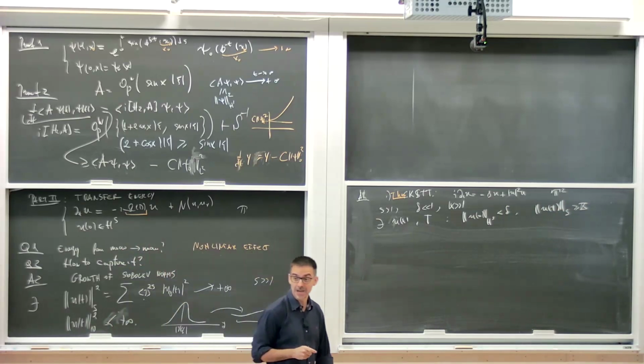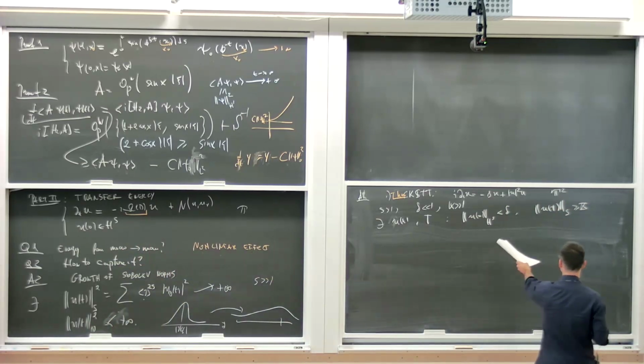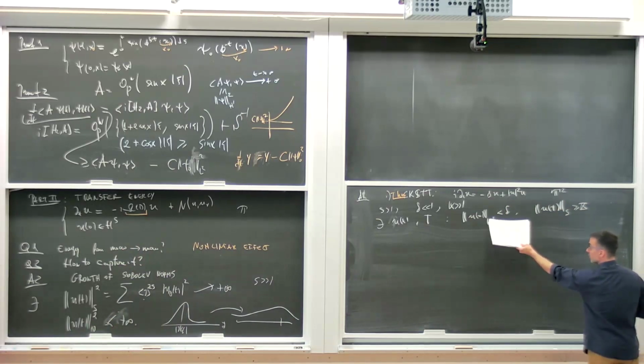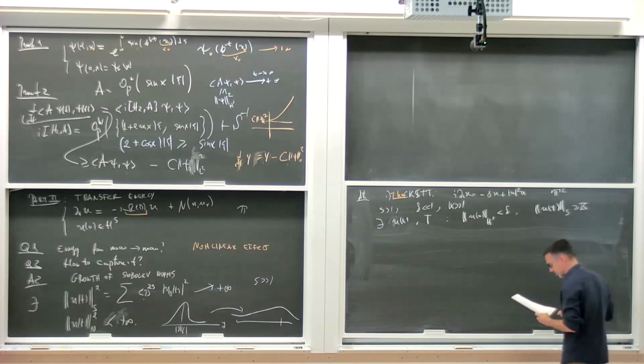So the H^1 norm is always bounded uniformly in time, and instead you are able to construct a solution whose high Sobolev norm starts as small as you want and becomes as large as you want.